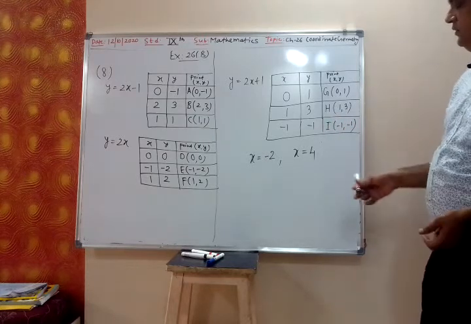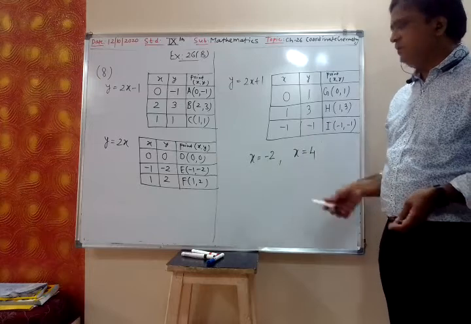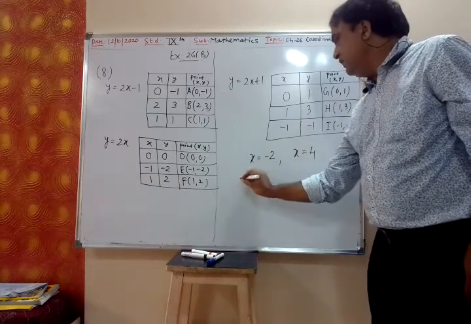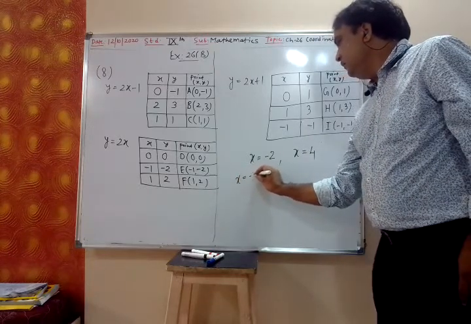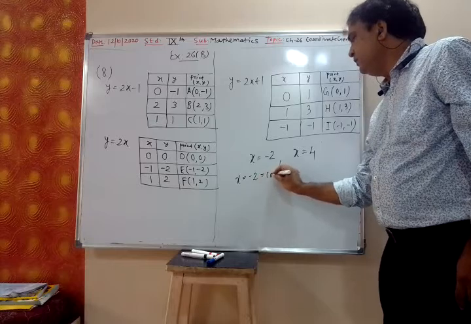Then we have to take the line x is equal to minus 2. Minus 2 is a constant.